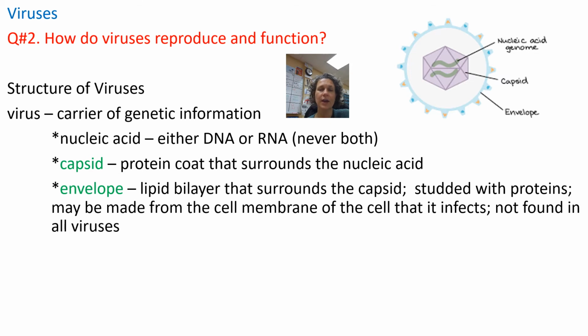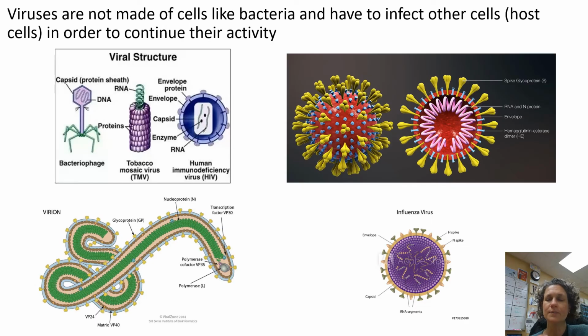And sometimes, not always, there is an envelope, a lipid bilayer, a fat bilayer, that surrounds the capsid. It has proteins on it and can be made from the cell or the organism that is infected. It's just an extra layer of protection, but not all viruses have it.